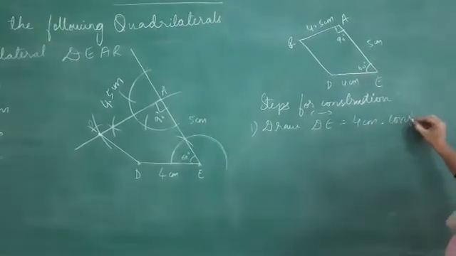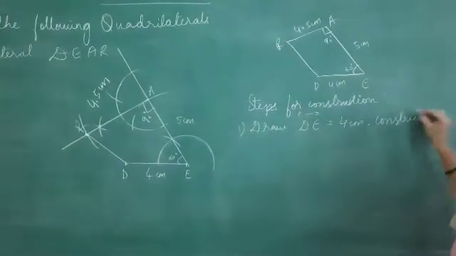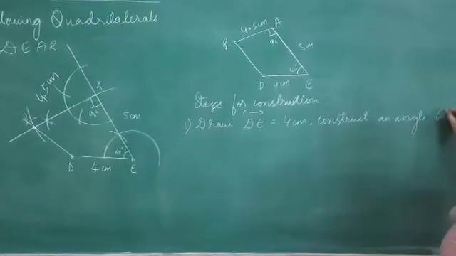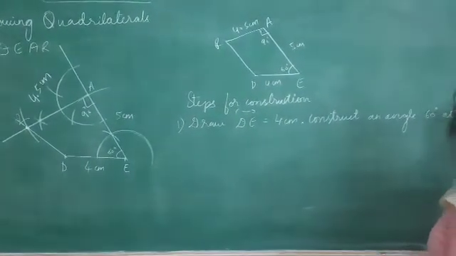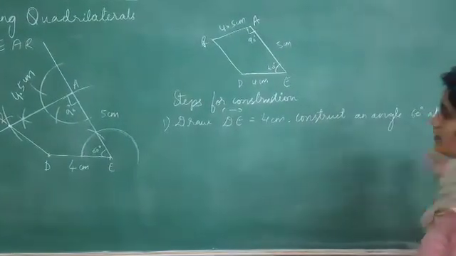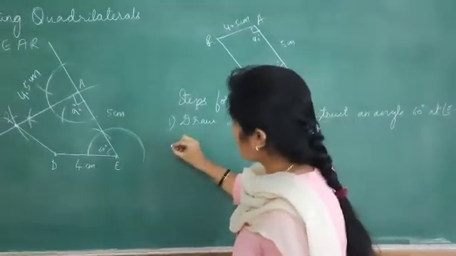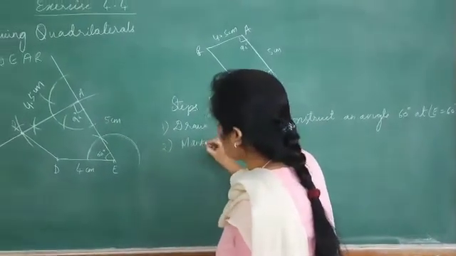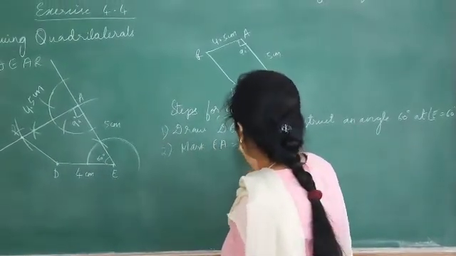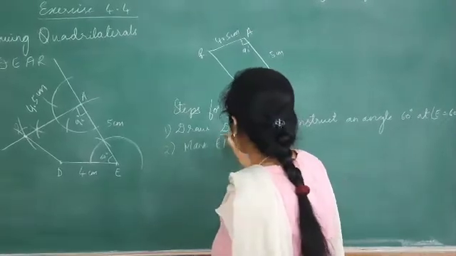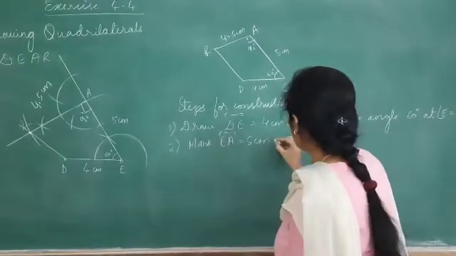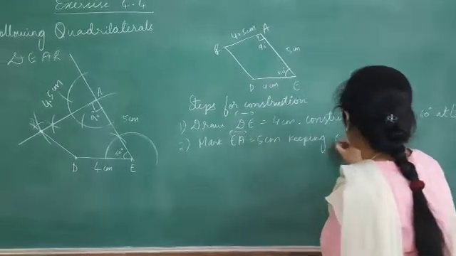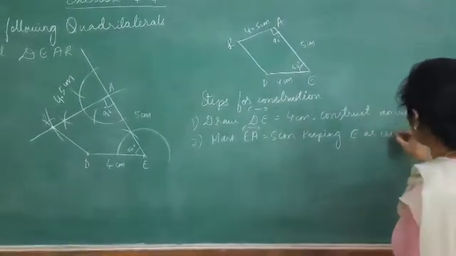Construct an angle 60 degree at E. Now, second one. Mark EA equal to 5 centimeter, that is line segment EA is 5 centimeter, keeping E as center.